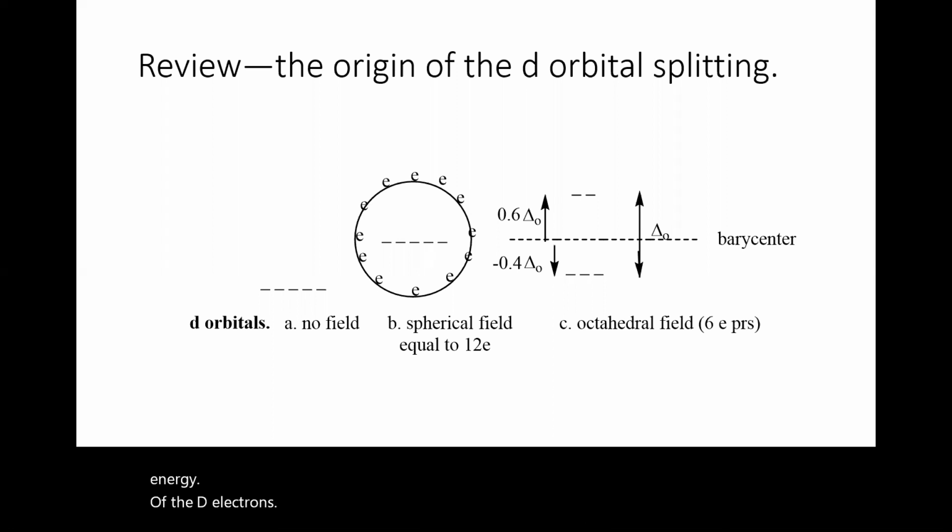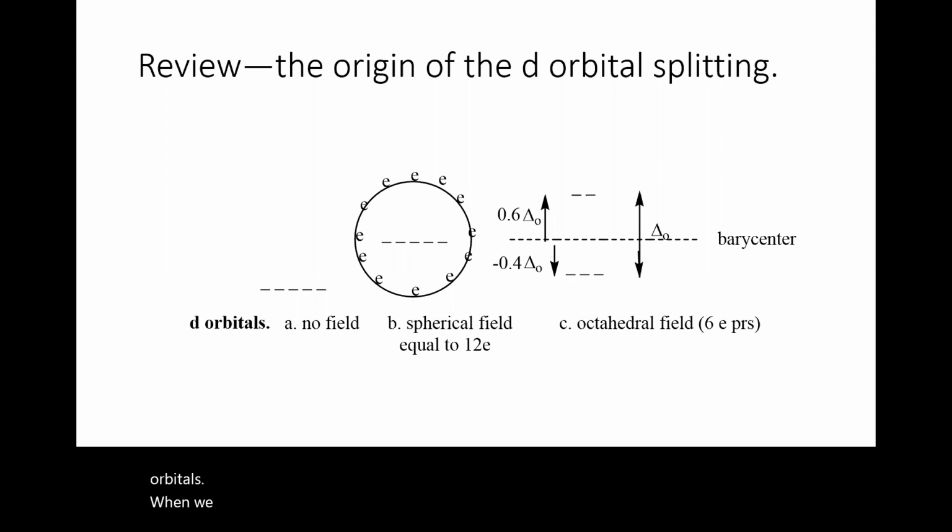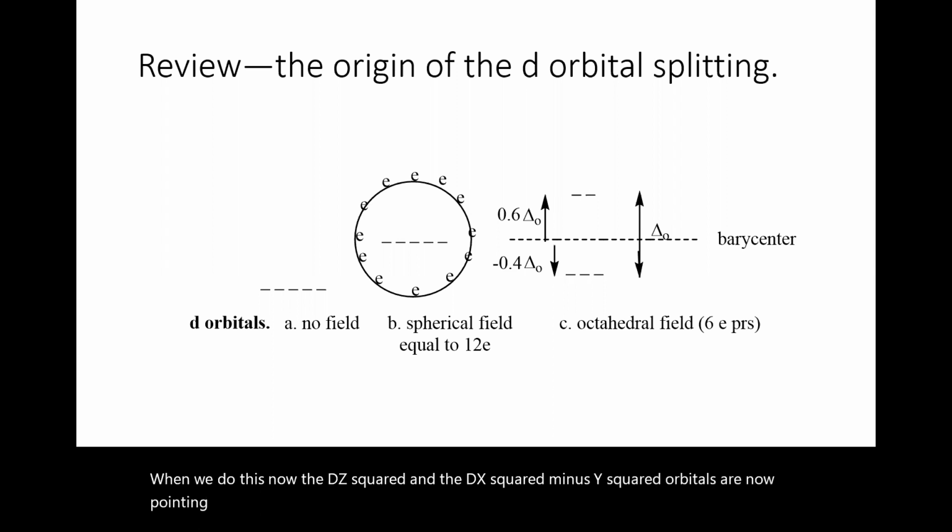Now we're going to take those same 12 electrons and focus them at the plus or minus x, y, and z orbitals. When we do this now, the dz squared and the dx squared minus y squared orbitals are now pointing directly at regions where there is high electron density.